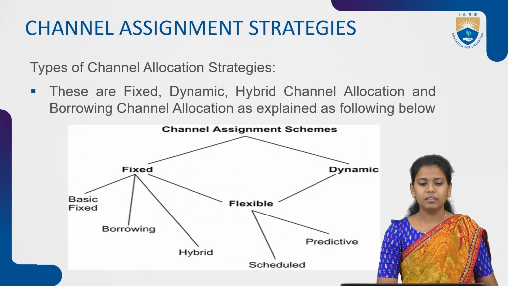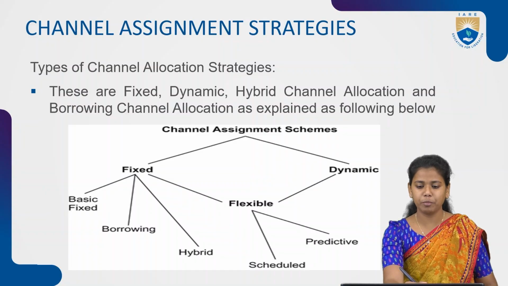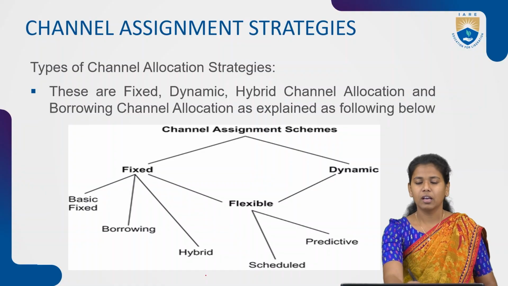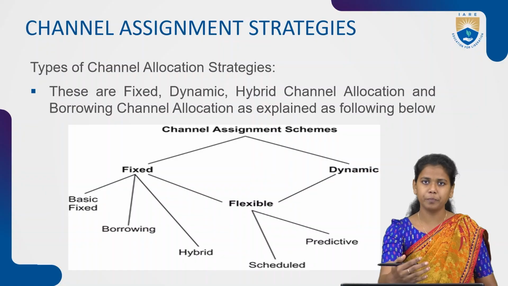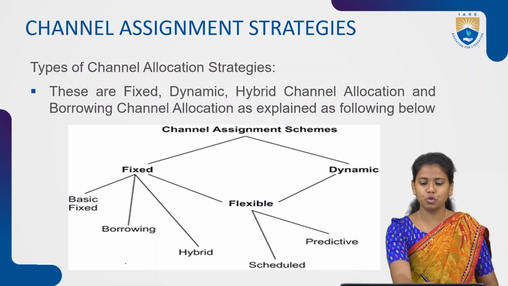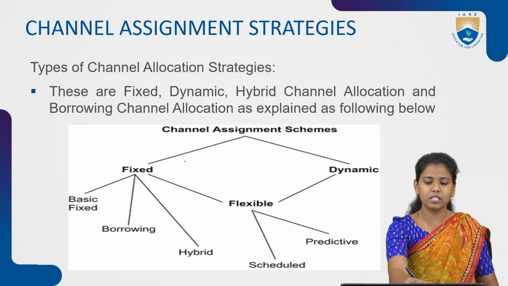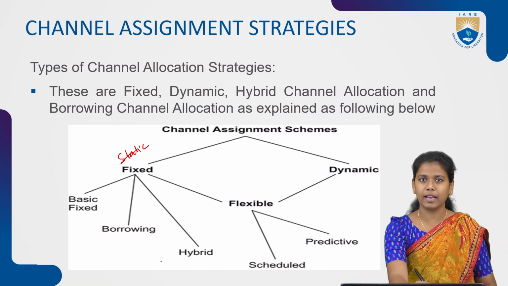These are the types of channel allocation strategies: fixed, dynamic, hybrid, and borrowing channel allocation. We will explain all of these one by one. First, under the channel allocation schemes, there are two basic schemes. One is the fixed one, which is the static one, and the second is the dynamic one.